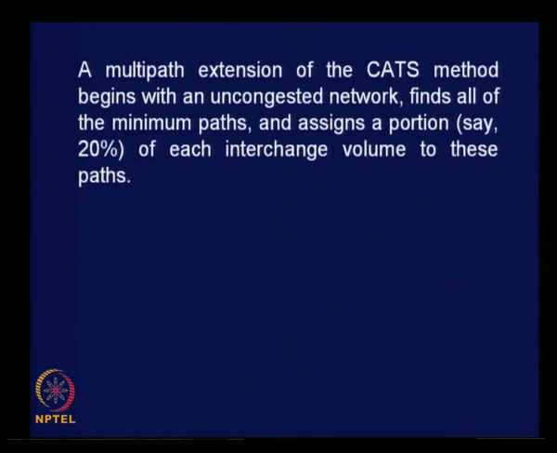What we do is we consider all the zonal pairs to start with and identify the minimum path for zonal pair travel. That means the minimum path for any movement from one zone centroid to another zone centroid for the whole of the urban area or whole of the road network is first determined, right.